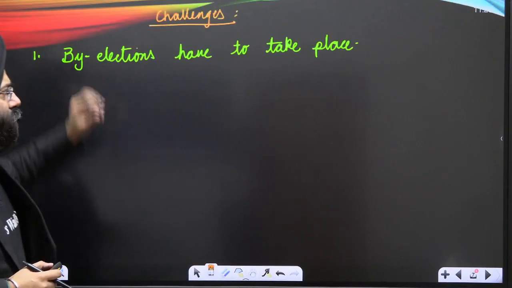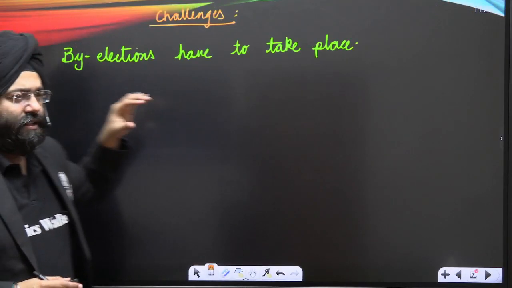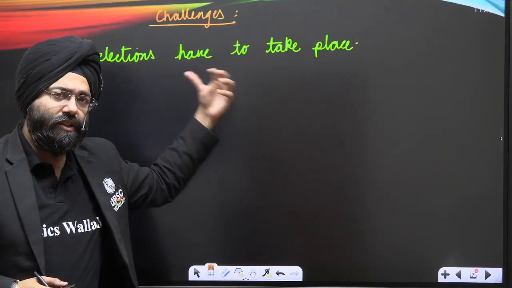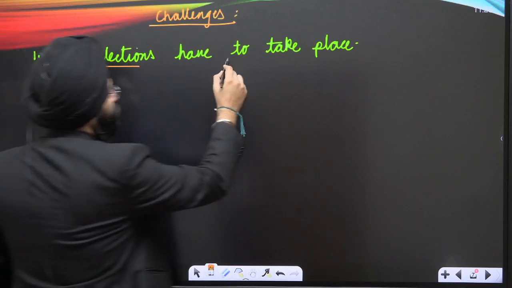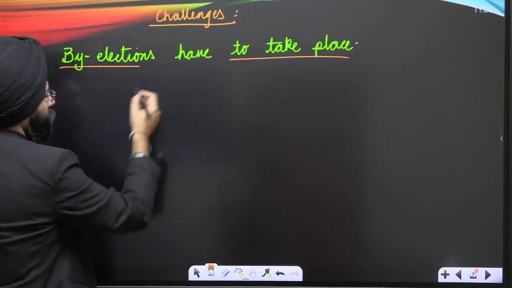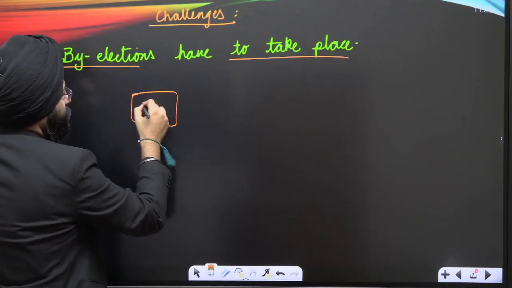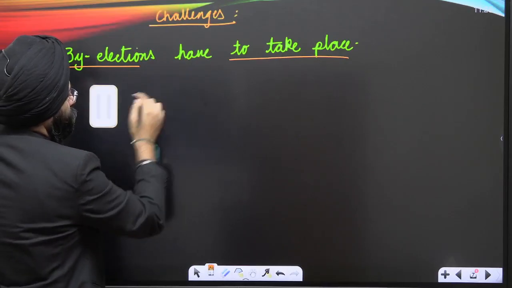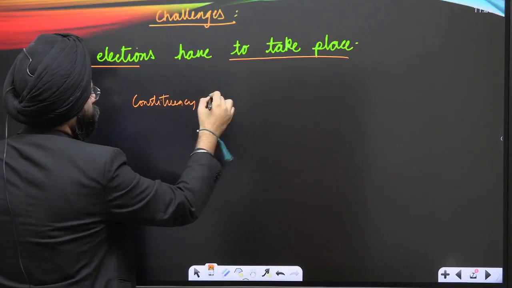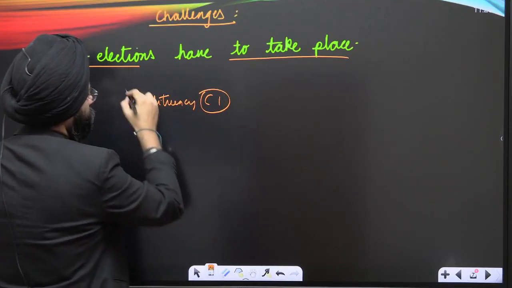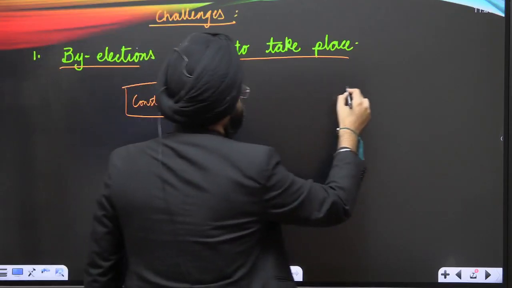If I want to see the challenges associated, which we see in the editorial also, you will see that by-elections have to take place. Let us see. This is a constituency C1, and this is C2.